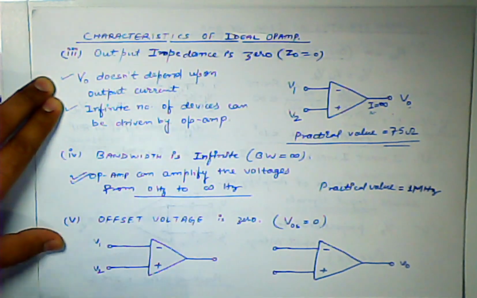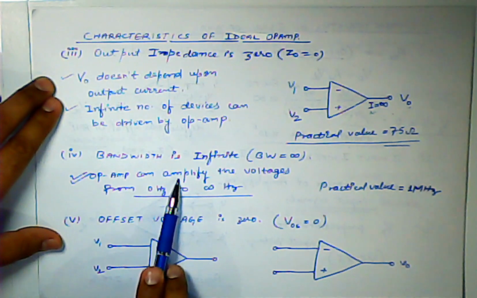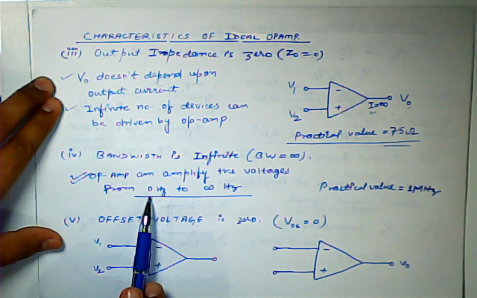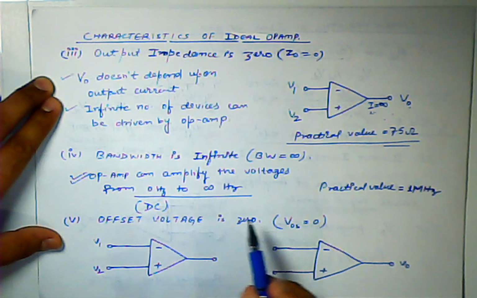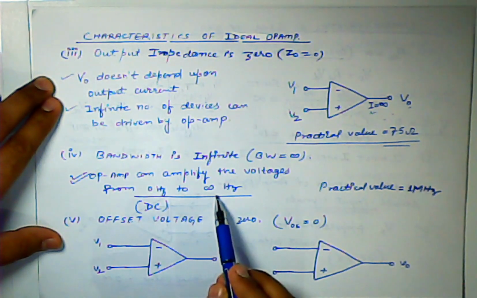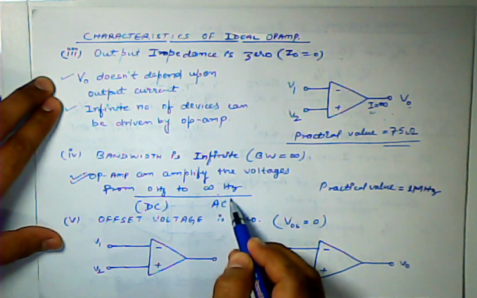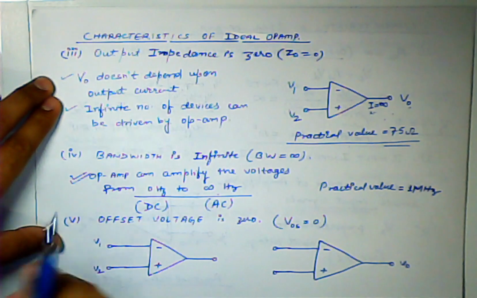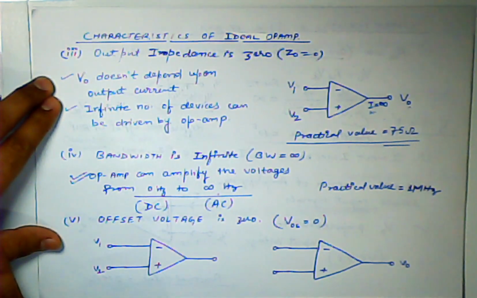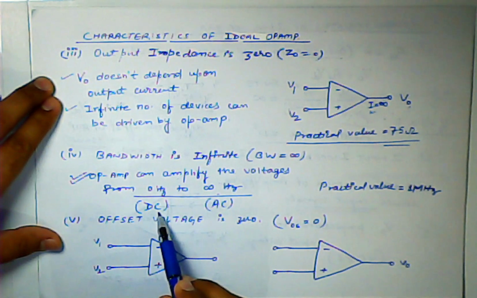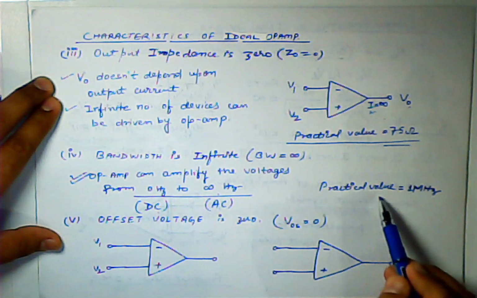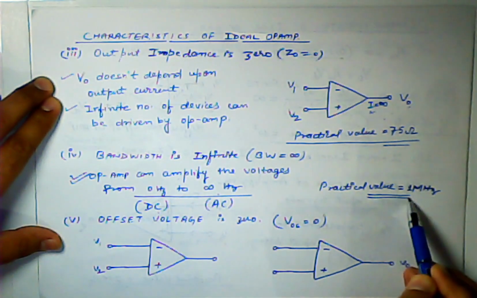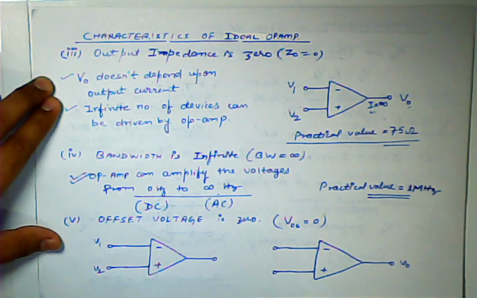So the op-amp is capable of amplifying a signal of 0 Hz frequency, that is nothing but your DC voltage, and any signal of infinite frequency, or you can say a high value, that is definitely an AC voltage. So the op-amp is capable of amplifying the signal whether it is DC or AC. But this is the ideal condition. The practical value of bandwidth is around 1 megahertz, which is quite a high value.